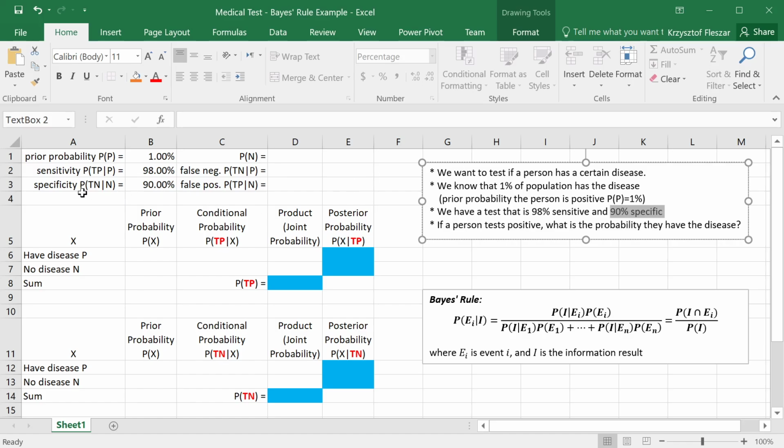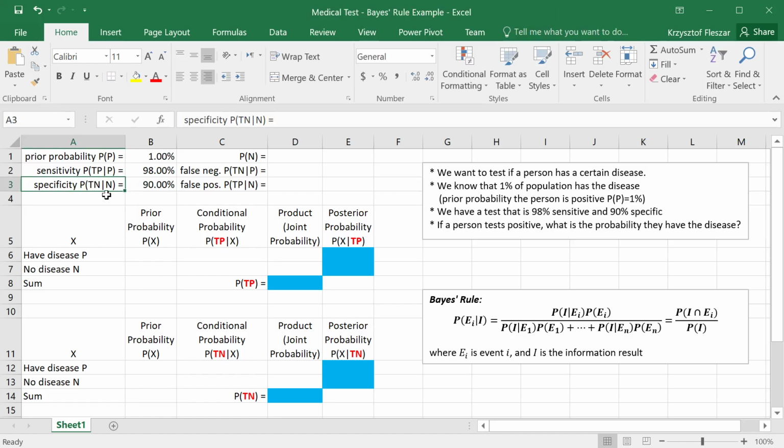Specificity is when you take a group of people who definitely don't have the disease, we say they are negative, N stands for negative here, and you test them, and then what's the percentage of people who actually have the negative test result? So this is the probability the test is negative, given the person has no disease, and this is only 90%. It's even worse than the sensitivity.